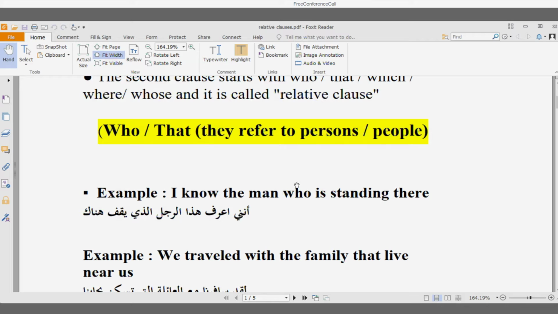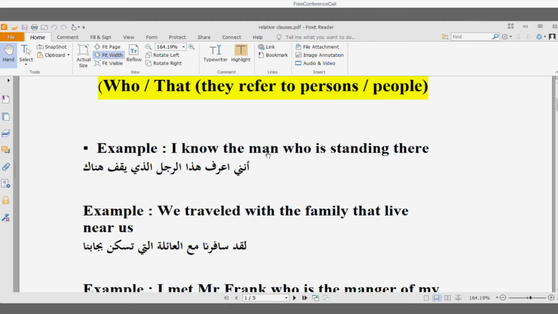For example, I know the man who is standing there. I know the man. لحد الآن عندي هاي الجملة، أنا أعرف الرجل who is standing there. من هو هذا الرجل الذي يقف هناك؟ So هاي relative clause اللي جتني بعد who is standing there ضافت لي معلومة عن الرجل اللي انذكر بالmain clause.